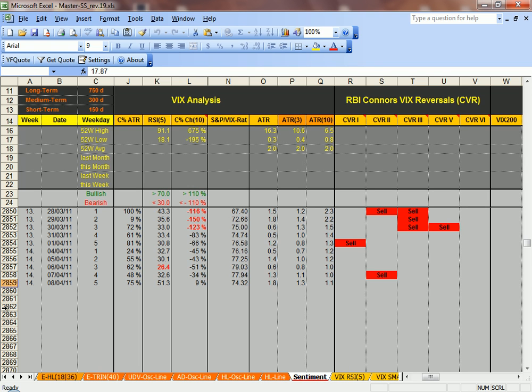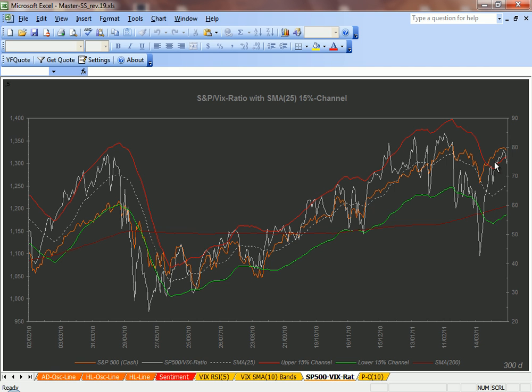Okay, short term then, this is an intermediate term, starting to roll over. Let me show you one more intermediate term. Sentiment here was the S&P VIX ratio. This is pretty good at catching extremes. In any case, the lows, bounce lows there.